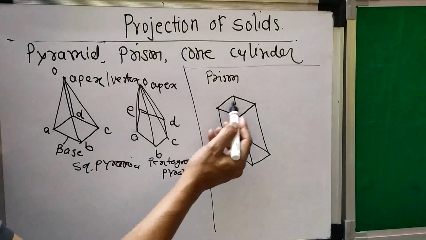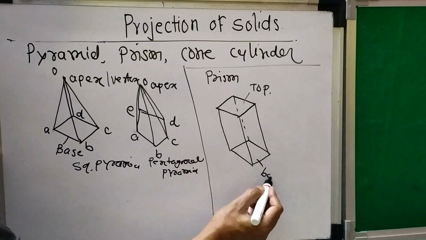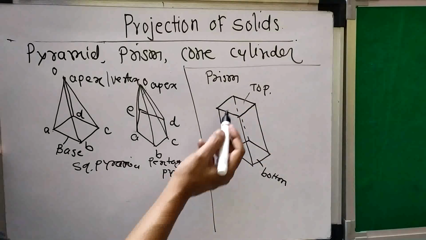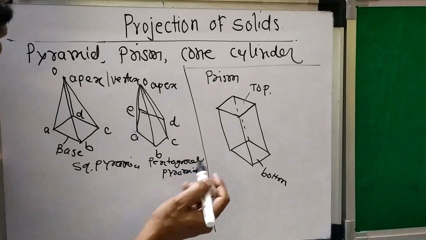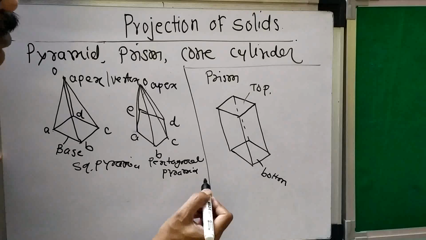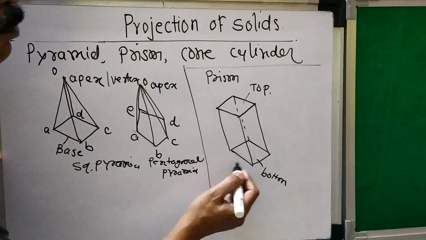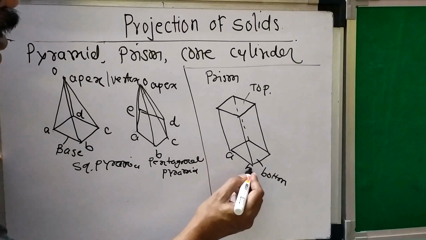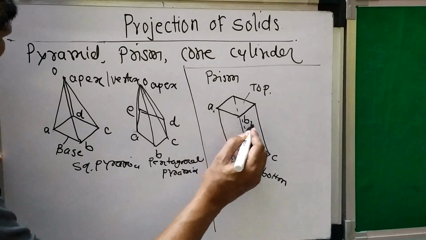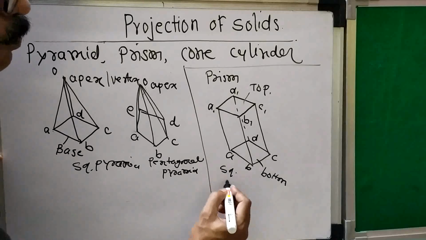Such a type of solid is called a prism, and we can name it according to the bottom and top base. Suppose the bottom is A, B, C, D as a square and the top is A1, B1, C1, D1 as a square, then this will be a square prism.